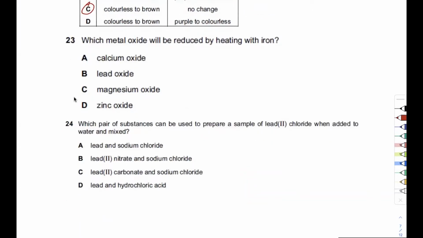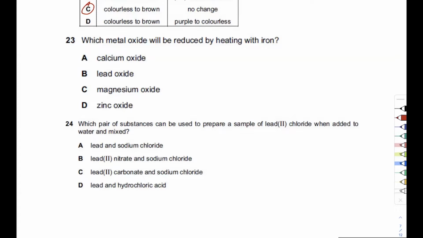Which metal oxide will be reduced by heating with iron? Now here we have to look at the reactivity series. The reduction by iron depends on the reactivity series.